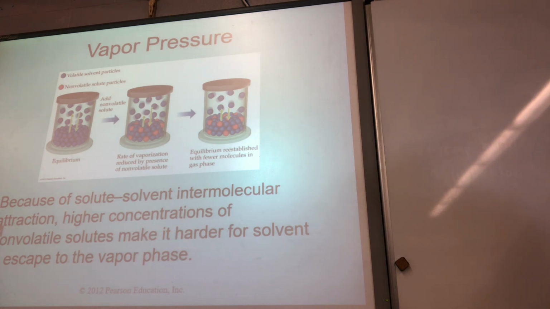In order to understand a colligative property, we have to talk about vapor pressure. Again, we've talked about vapor pressure before, especially when we discussed liquids and intermolecular forces and gases. And vapor pressure, if you'll remember, is the pressure immediately above a liquid.